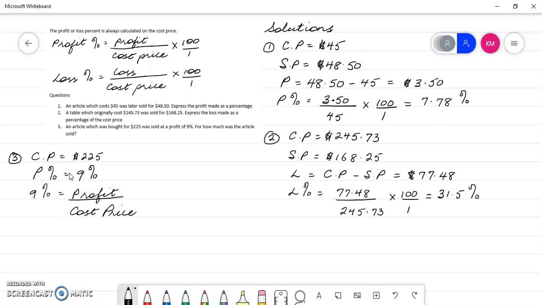Now I know what my cost price is. So this here is actually your profit divided by 225. So if 9% is equal to profit over 225, how do I go about calculating profit?